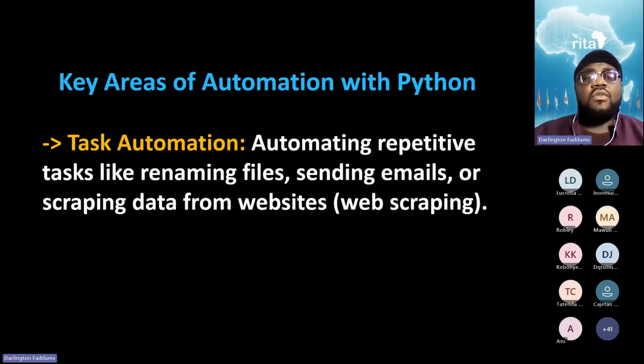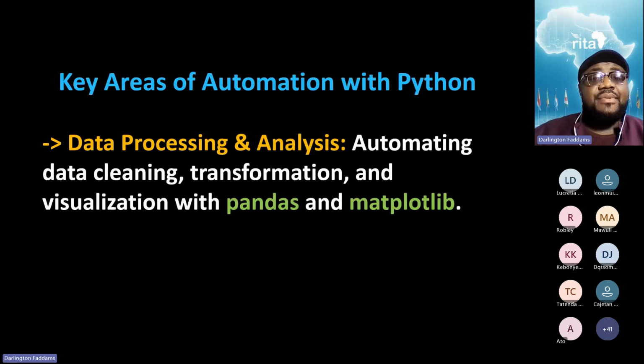All right, so we are talking about certain tasks that you can automate, and you can automate a whole lot of things like deleting files, creating files, sending emails, web scraping. You can also automate data processing and analysis. You can automate data cleaning. For example, before you analyze data, there may be duplicates.